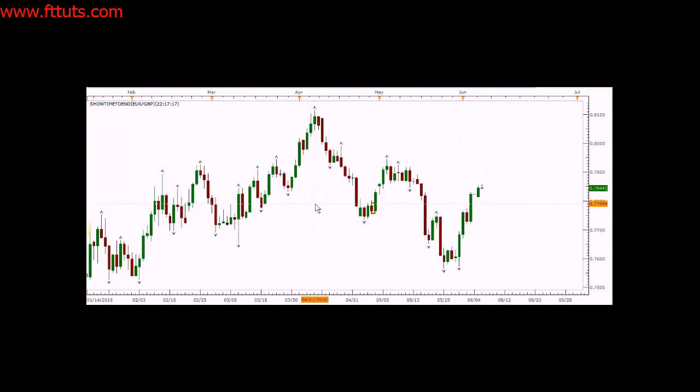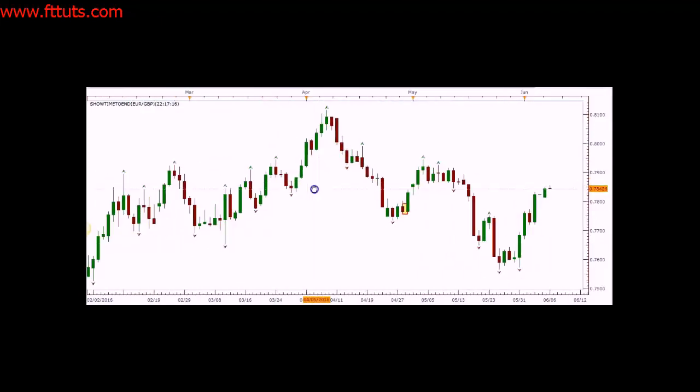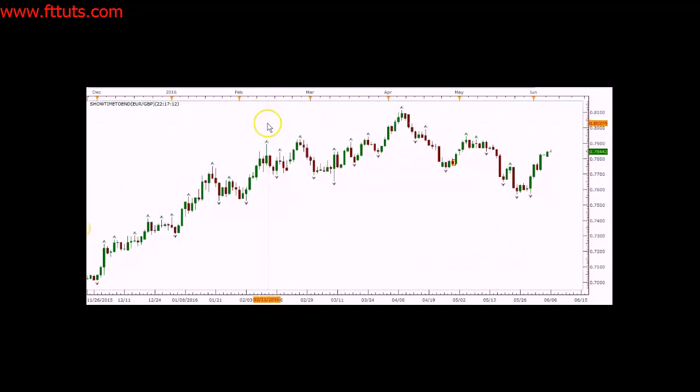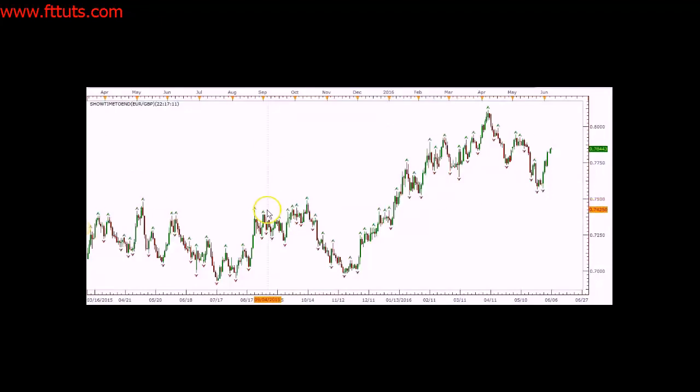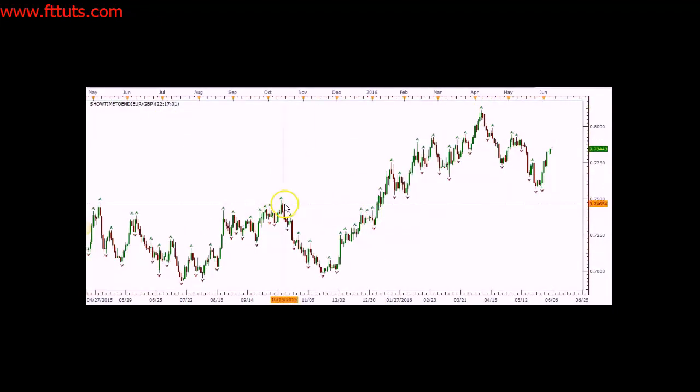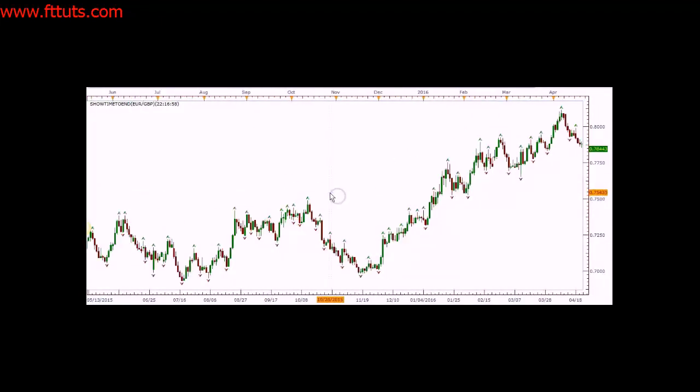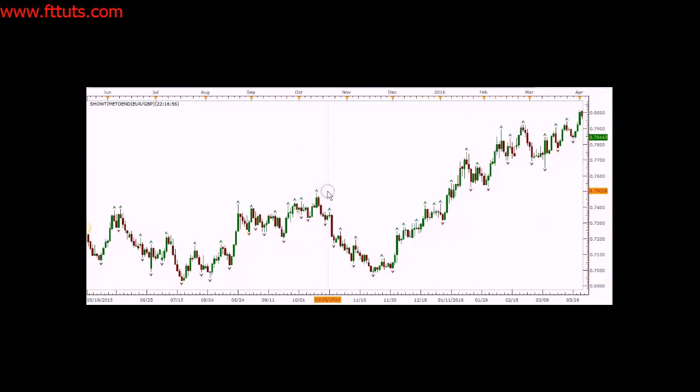Now, I told you I draw from right to left, but I can also draw from left to right, because I'm going back to this point here, and I have to make sure that levels have been touched before. So first I'm going to draw this level on my chart, and now I'm going to make this a zone.